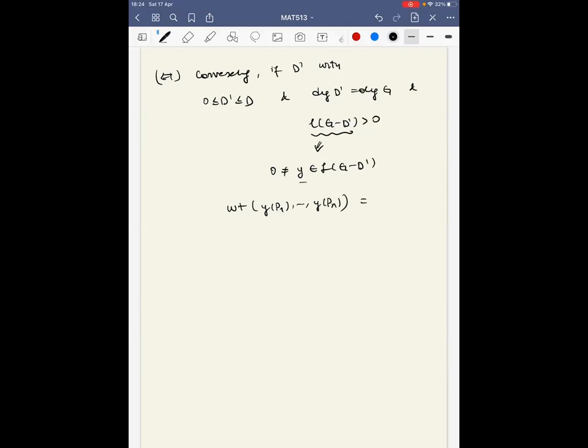Since y is from this Riemann space, that means the principal divisor is bigger than or equal to D prime minus G. So its weight is indeed at most n minus D prime. So that means it has zeros at D prime. And indeed, it shows us by the assumption on the degree of D prime, this is equal to n minus degree G.